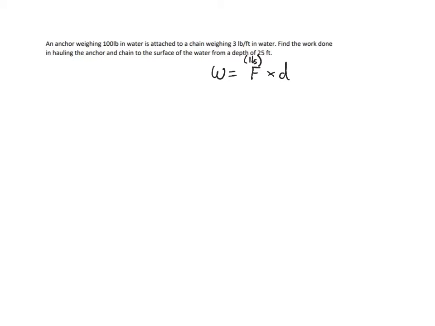Okay, so let's draw a picture so we can understand what's happening. So let's say we're on some boat. And this anchor was 25 feet down to the bottom. But at some moment in time, once we've started pulling this thing, here's our anchor.